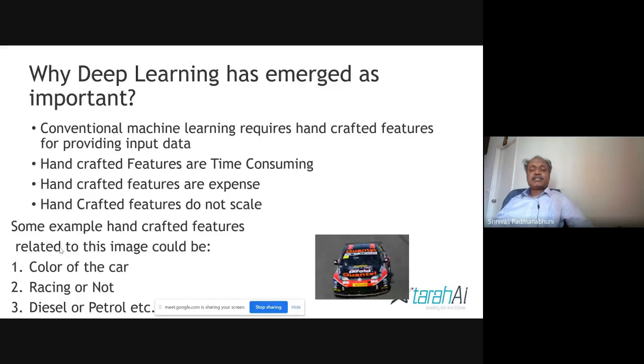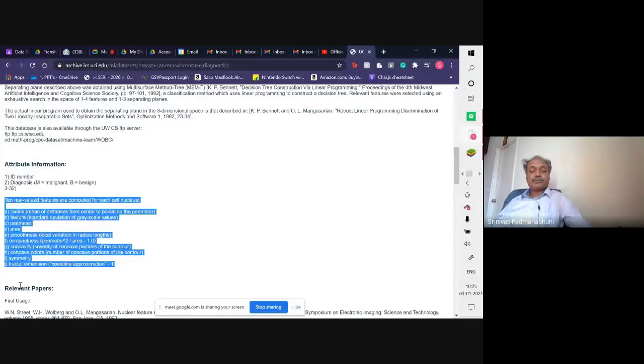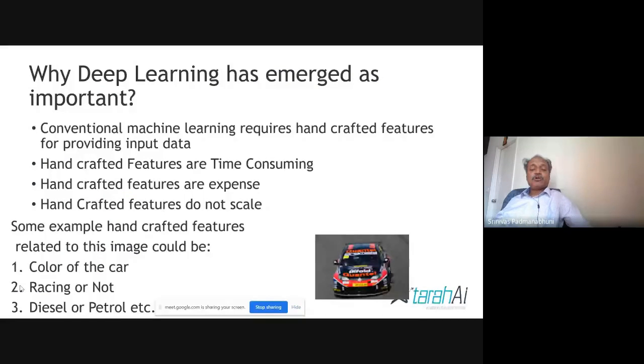And this is a very costly affair. Such handcrafted features are time consuming because a doctor has to sit and convert a typical image of X-ray into these values. Sometimes they do not scale because you may not have enough doctors or experts who can convert the X-rays into this kind of data. And they're expensive because you require a lot of effort.